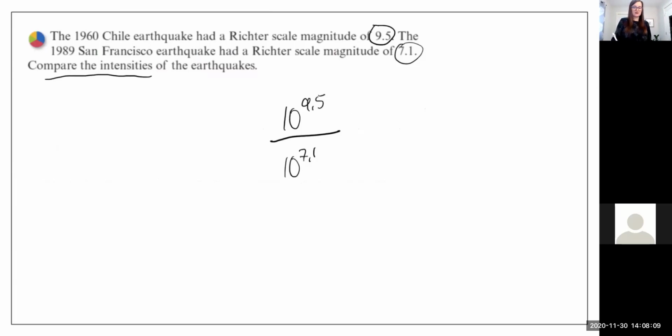So you would divide it as a fraction. You'd say 10 to the 9.5 minus 7.1, and then you'd get your 10 to the whatever that is. As a decimal approximation, that would represent how much stronger Chile's earthquake was than San Francisco's earthquake.